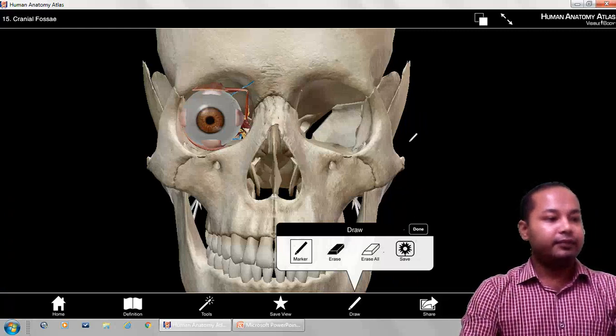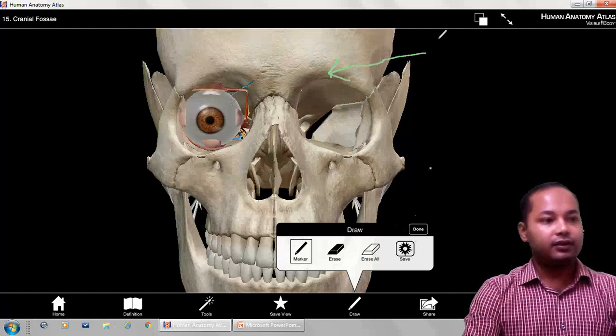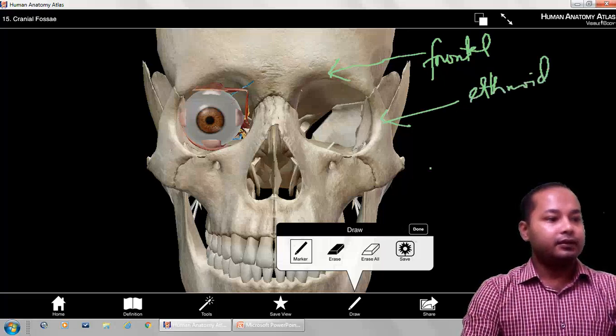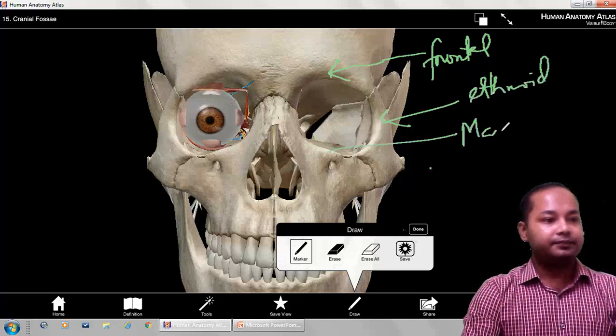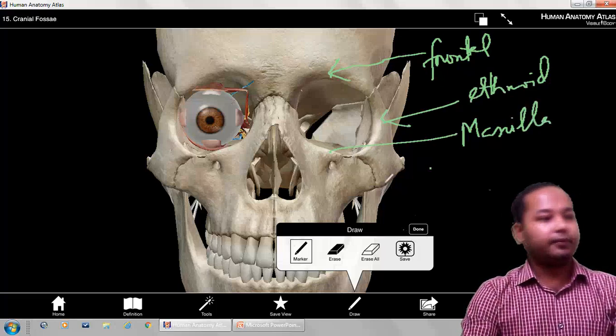This is called the frontal bone. This is called the ethmoid bone. This is called the maxilla. Anything else that you find in the orbit?